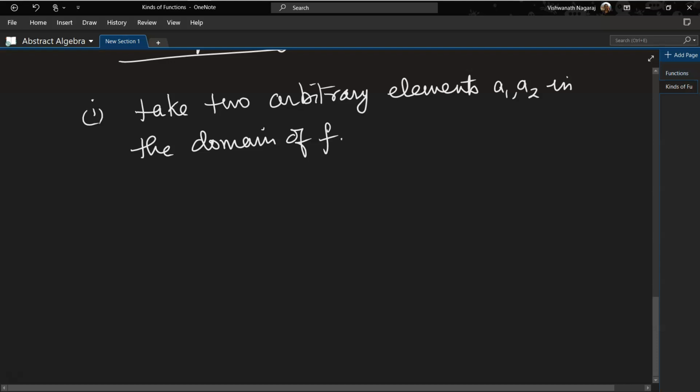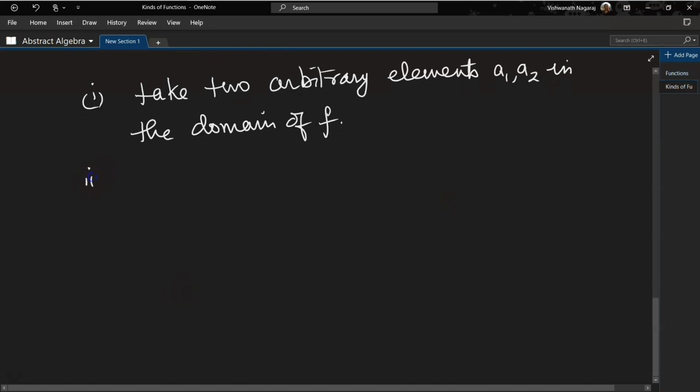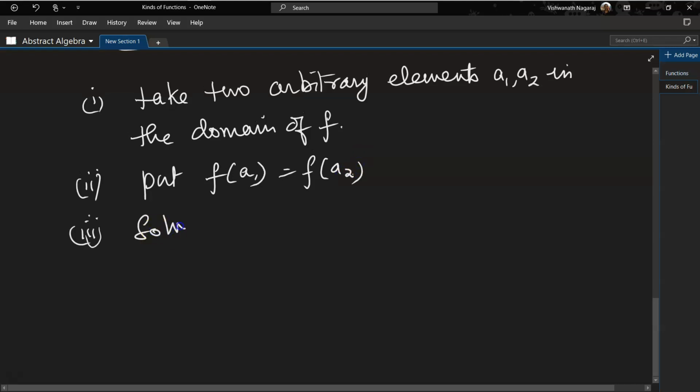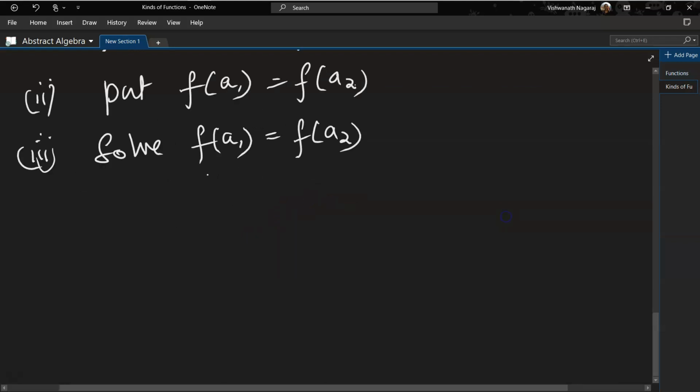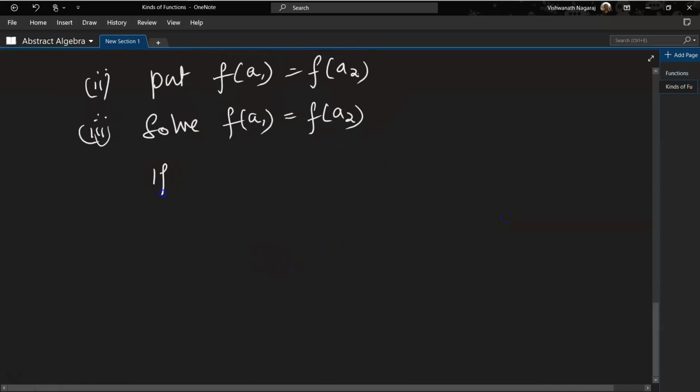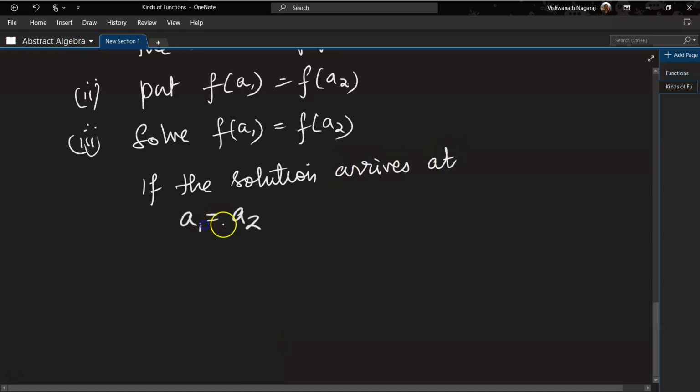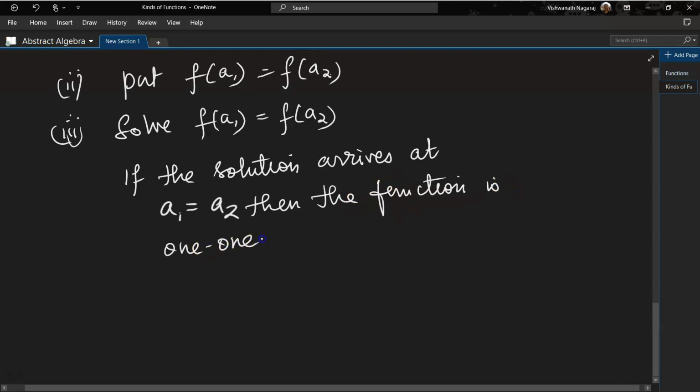Because the domain set is capital A. Okay. So now put f of a1 equal to f of a2 and solve. When you're solving this equation, if the solution arrives at a1 is equal to a2, then the function is one-to-one.